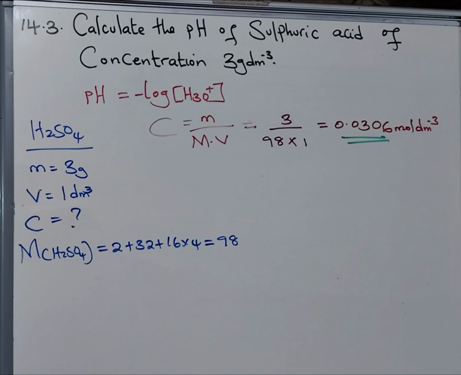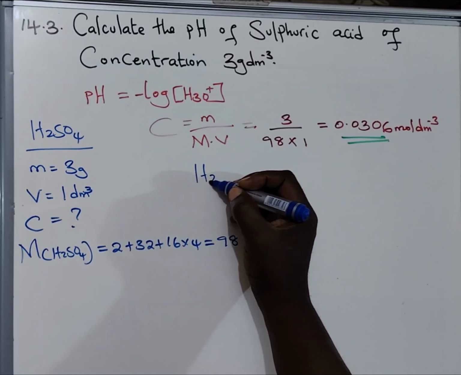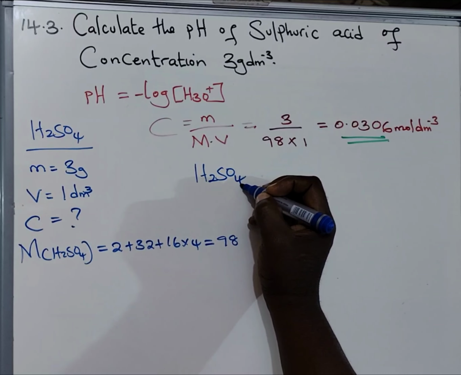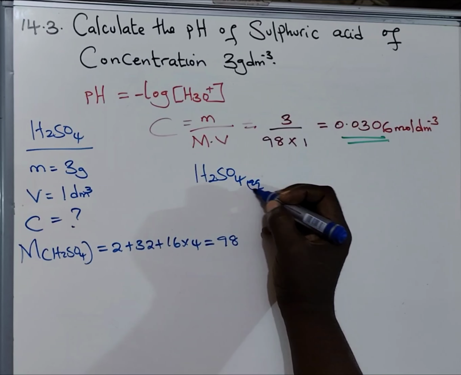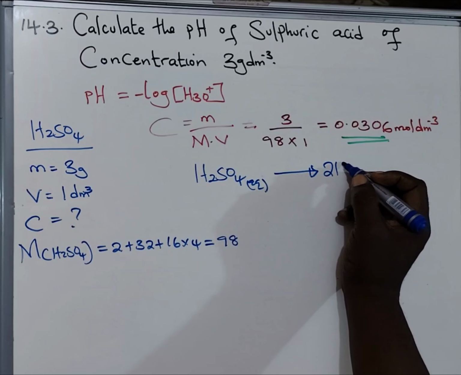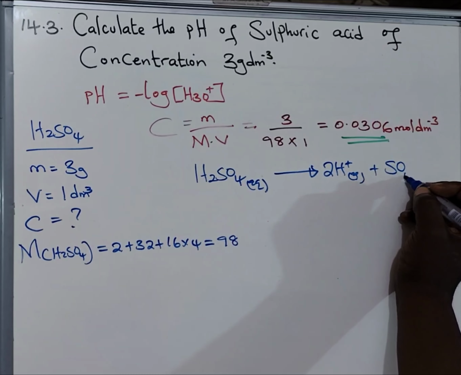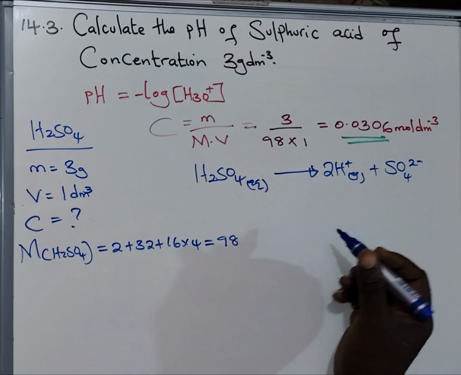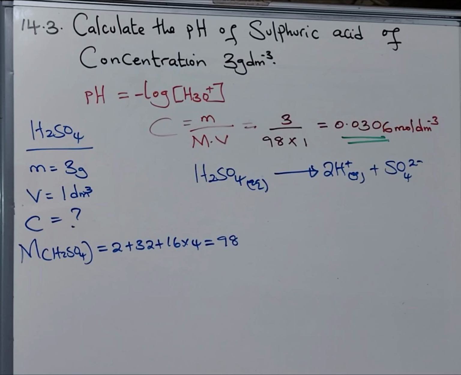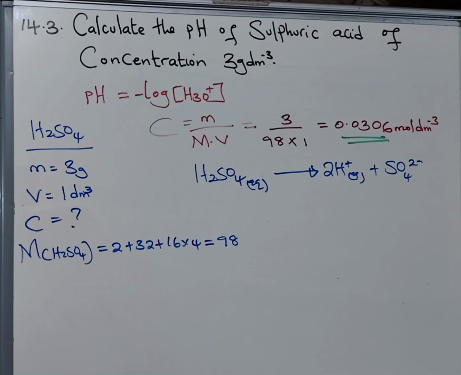Okay. So how do you proceed from here? Okay, you go ahead and look at how sulfuric acid ionizes. So we are having it like this. It's going to be sulfuric acid, aqueous, means dissolved in water. So on ionization, what do you get? You get 2 hydrogen ions aqueous plus sulfate ions. This way out helps you to escape use of water, which most people find a bit harder.